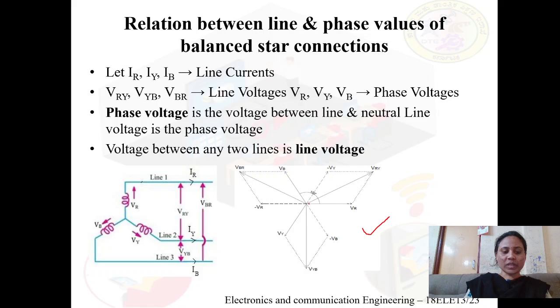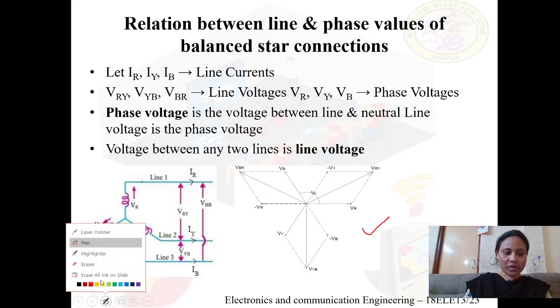The phase voltage VR, let us take it along the x-axis, and VB, which has a 120 degree phase shift, VB leads VR by 120, and VY lags VR by 120.